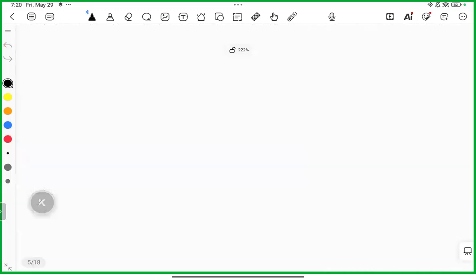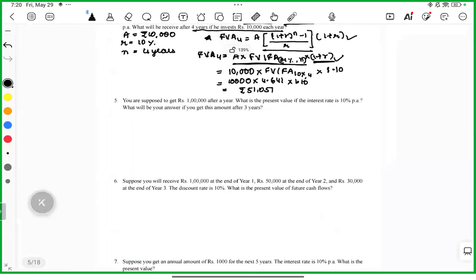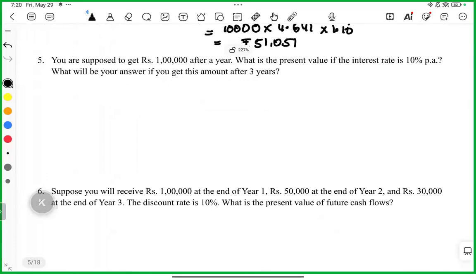Okay. See example number 5. You are supposed to get rupees 1 lakh after 1 year. What is the present value if interest rate is 10%?